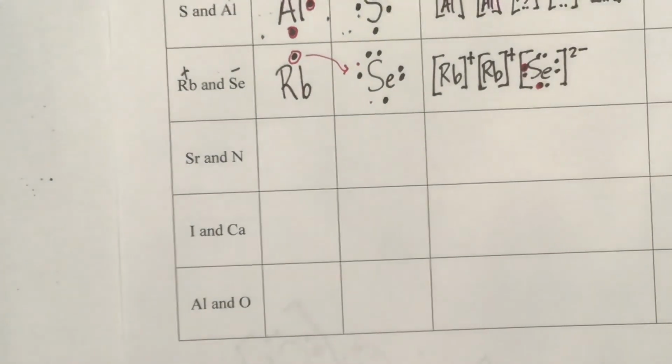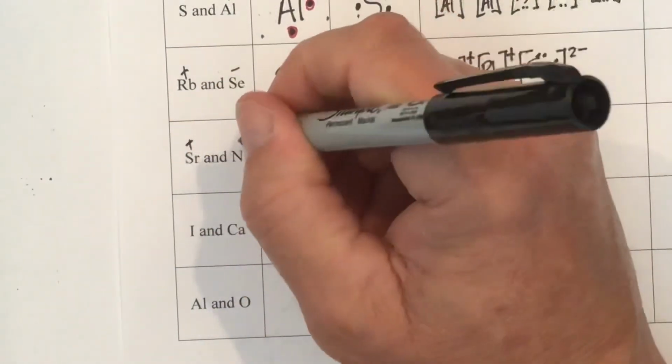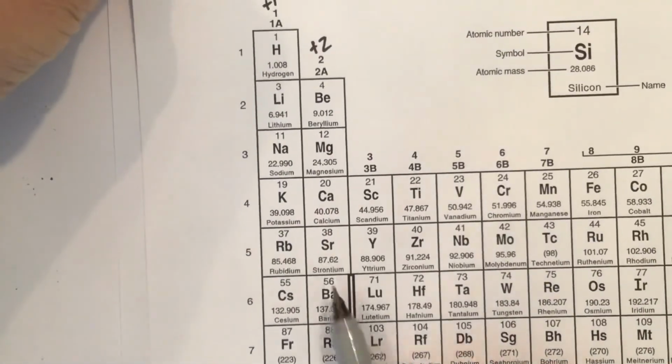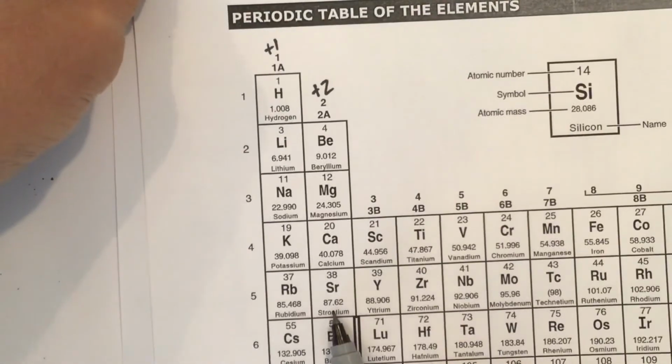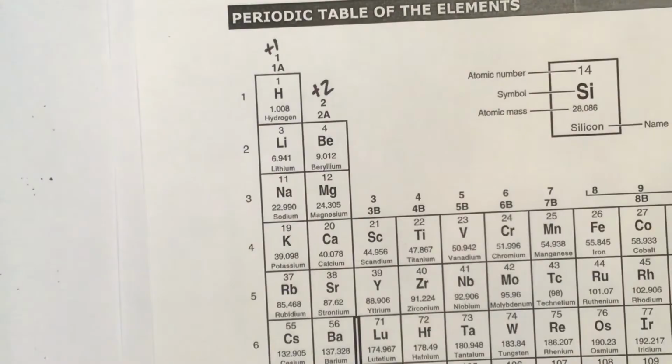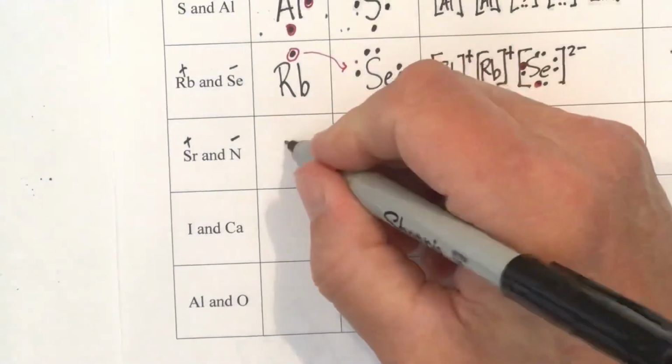All right, strontium and nitrogen. Strontium is a metal. Nitrogen is a nonmetal. Let's find strontium. Oh, there it is right there. Strontium, that's an alkali earth metal. It's in group 2 and has 2 valence electrons.